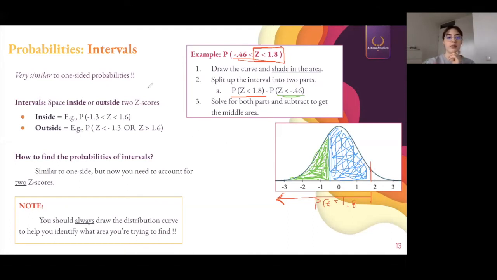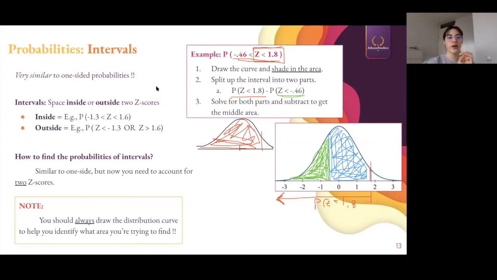So again, I'll draw it again for you guys right here. We have the standard normal distribution curve, and let's pretend that here is our mean. The probability that z is less than 1.8 is this whole red area right here.